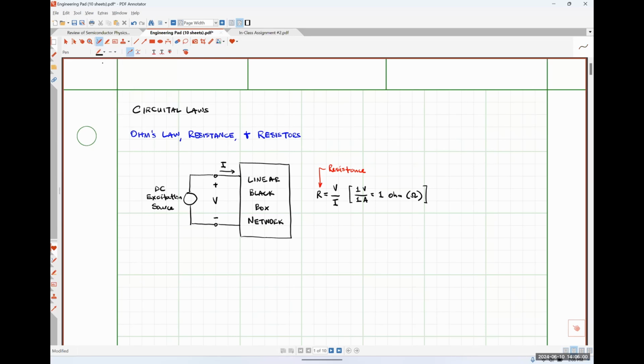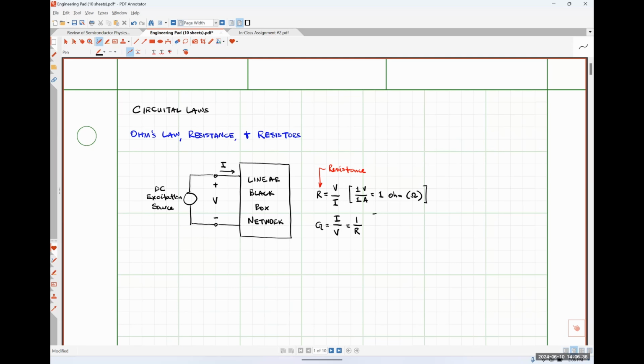Now, realistically, we could observe a second constant of proportionality between our voltage and current quantities. Okay, so we're going to call this one G, where G is representative of the conductance. And the conductance is simply the ratio of our measured current divided by voltage. And so in a DC circuit, this is nothing more than the reciprocal of our resistance.